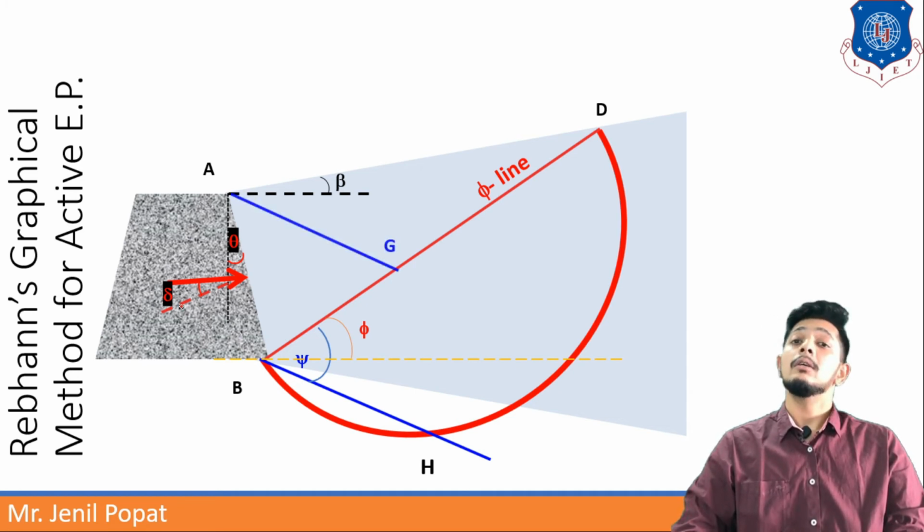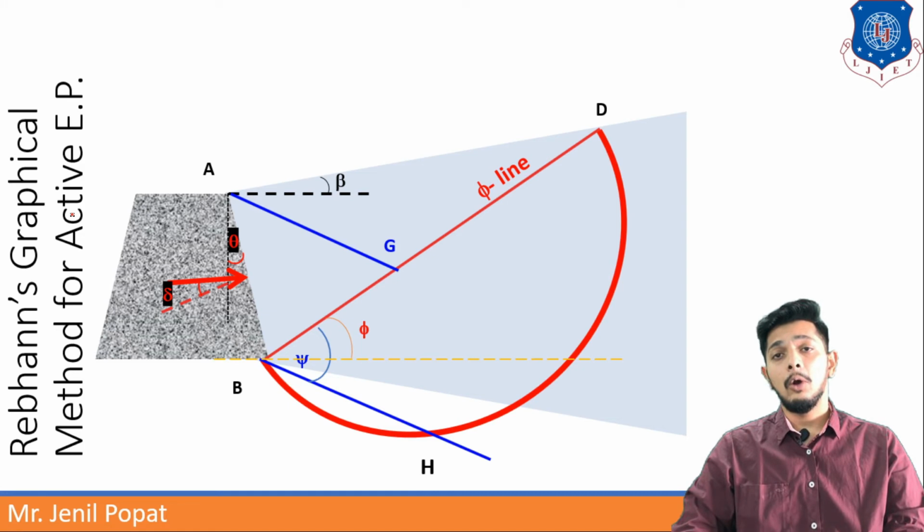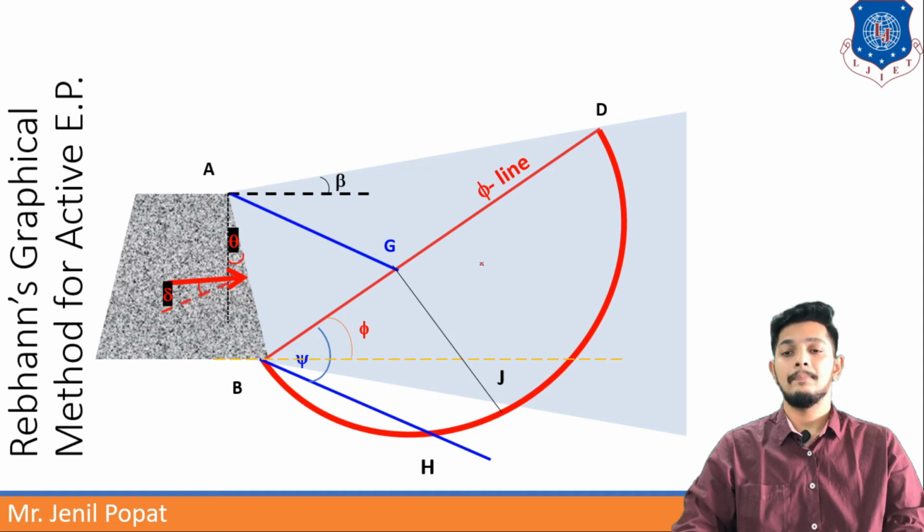After that, draw a line parallel to the psi line, or BH line, from point A on the phi line. So I will get a line as AG. After getting the AG line, I will draw a perpendicular line from BD to the semicircle. So from point G, I will draw a line that is GJ.